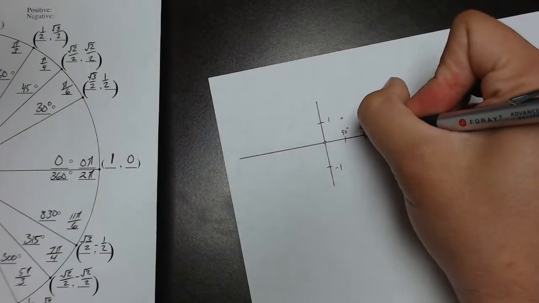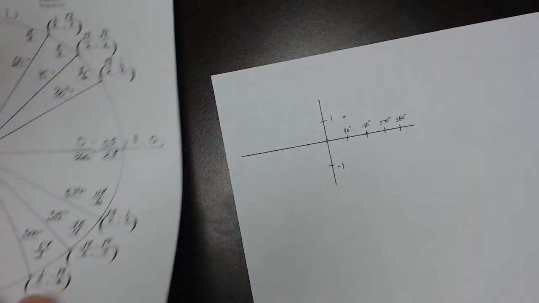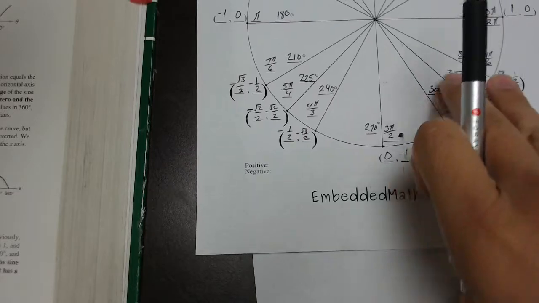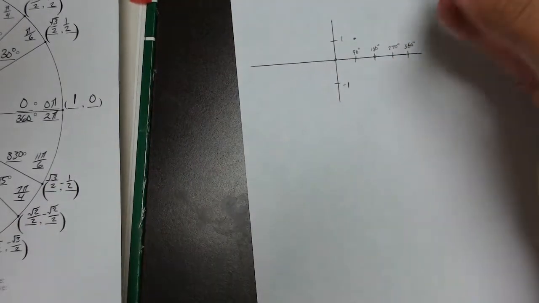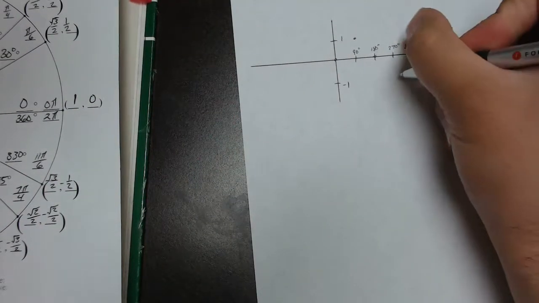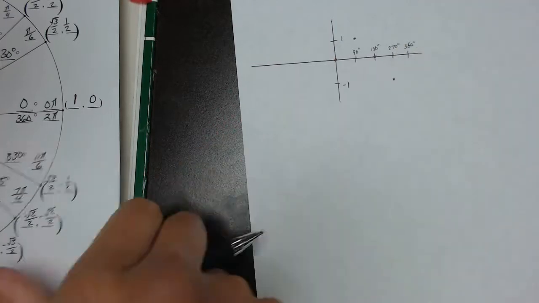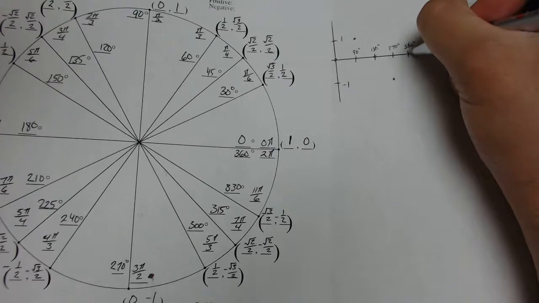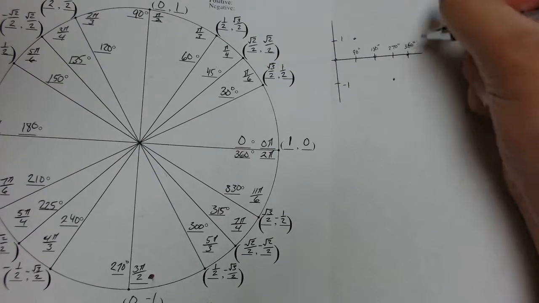Put a dot there. And then I go down to 270 degrees, and sine is equal to negative 1. So I put my dot. And then back at 360, or 0 degrees, sine is again equal to 0.